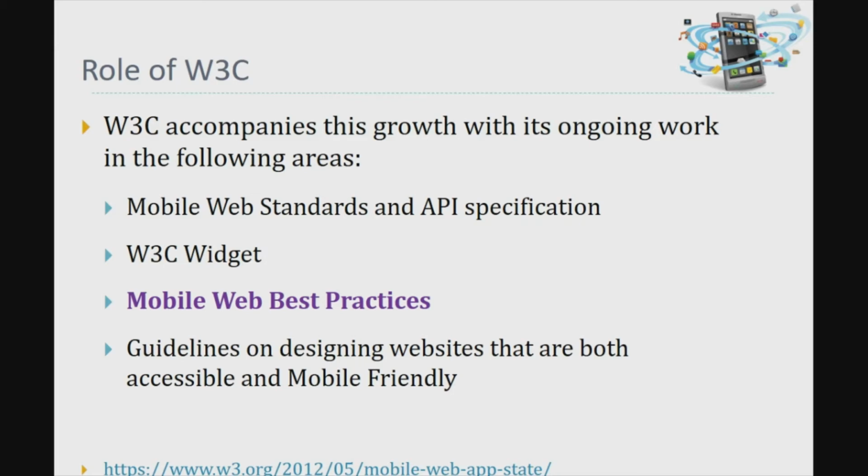And then the next area is about the W3C widgets. The third one, mobile web best practice. And the fourth is the guideline on designing websites that are both accessible and mobile friendly.